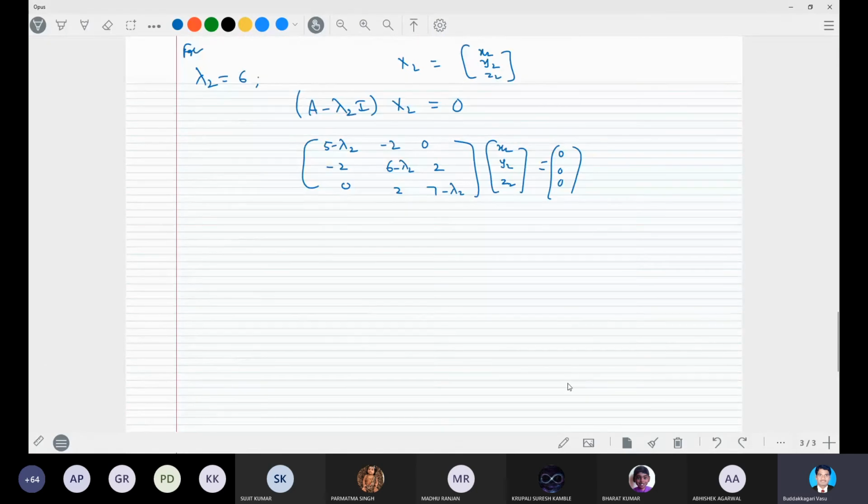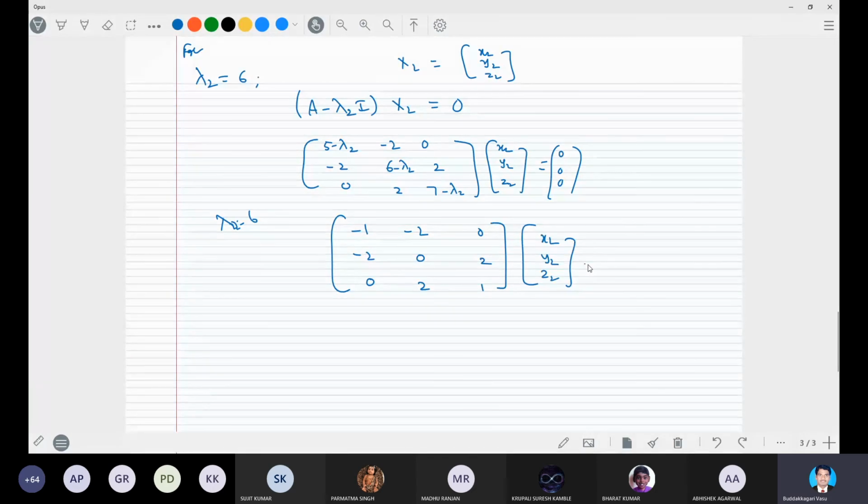Now put in that value, it results in lambda 2 is equal to 6: minus 1, minus 2, 0; minus 2, 0, 2; 0, 2, 1, into x2 y2 z2 is equal to 0 0 0.